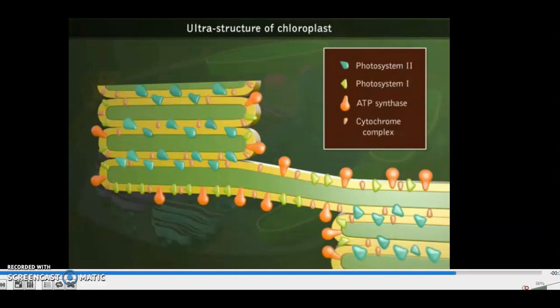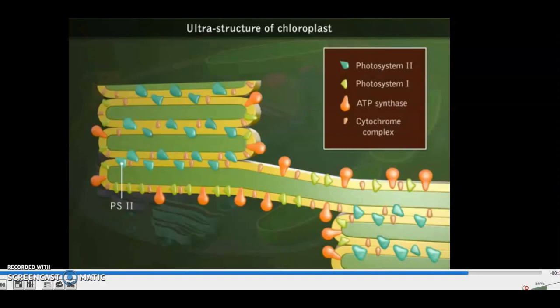The two types of quantasomes are photosystem 1 and photosystem 2. Photosystem 2, also called PS2, is the larger molecule seen in the thylakoid membrane. Photosystem 1 is the smaller molecule, seen in the thylakoid membrane and also in the stroma lamellae.